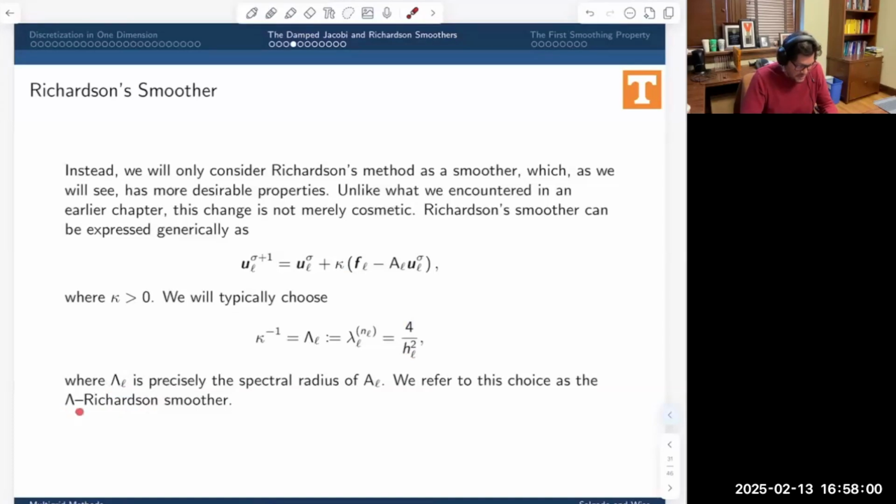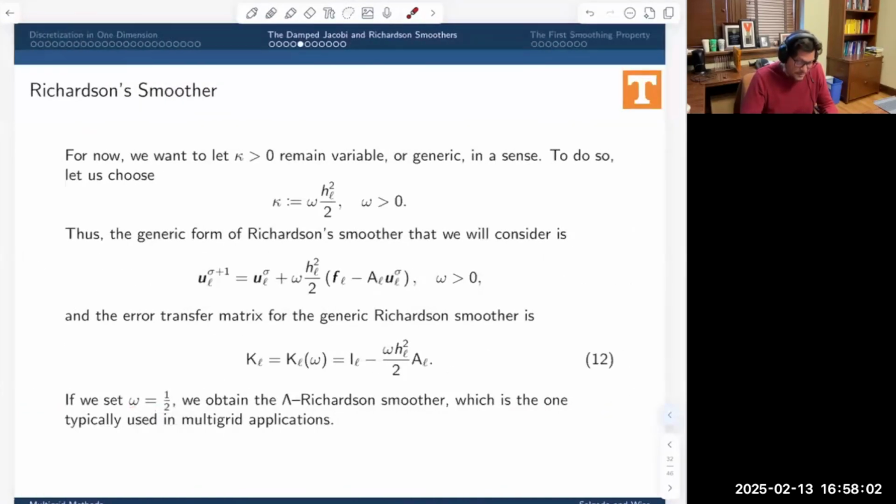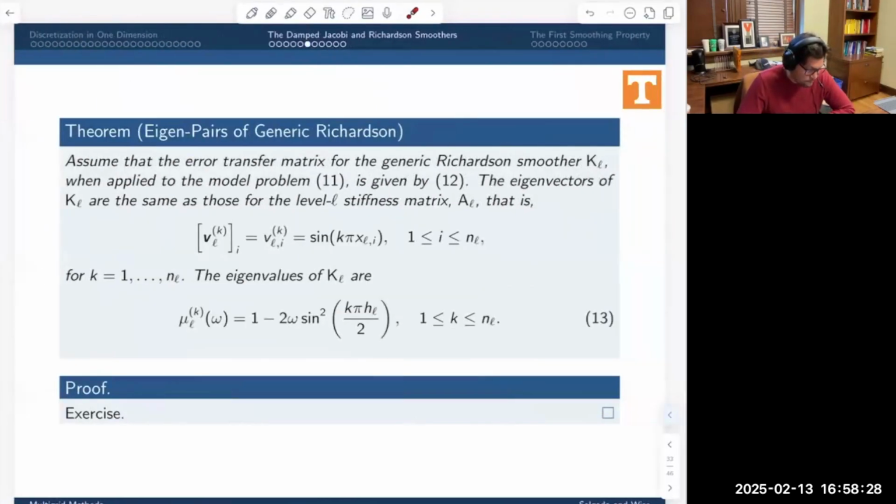So lambda Richardson smoother is exactly this generic Richardson smoother when I take omega equal to a half. They're different in general, but if I take omega equal to a half, I get the lambda Richardson smoother. The reason why I chose this is because if you look back in chapters 3 and 4, then the lambda Richardson smoother in that case was also obtained by taking omega equal to a half. So that's why I did it.